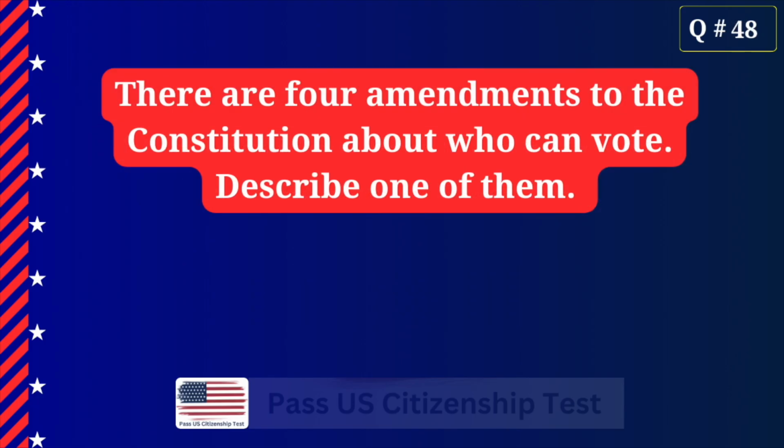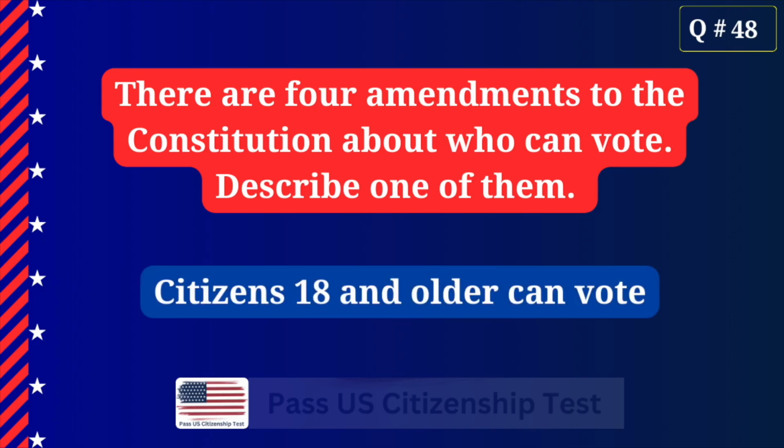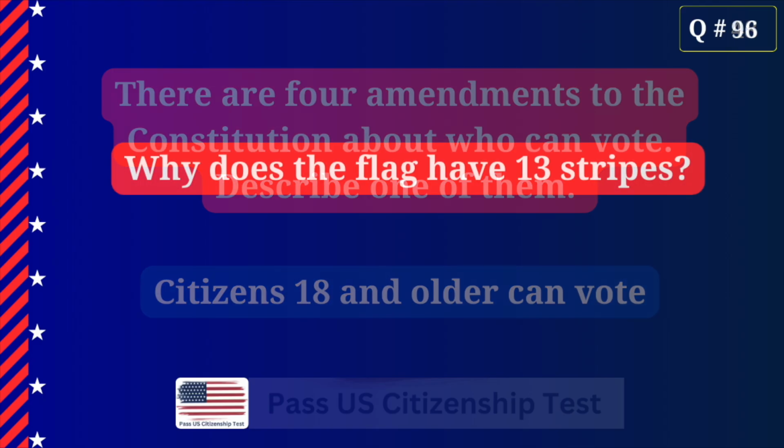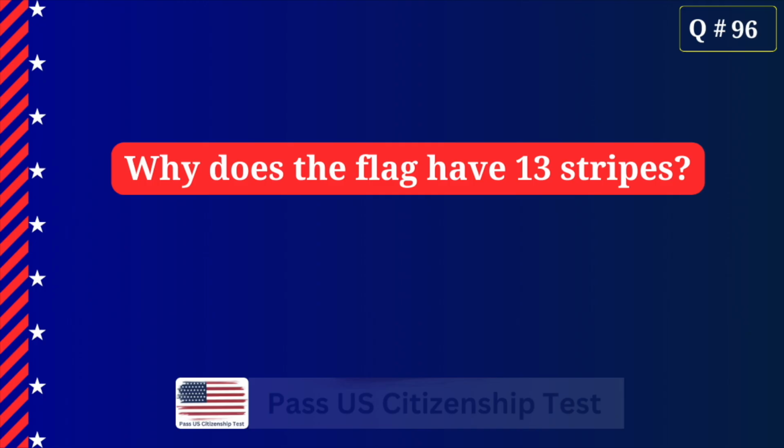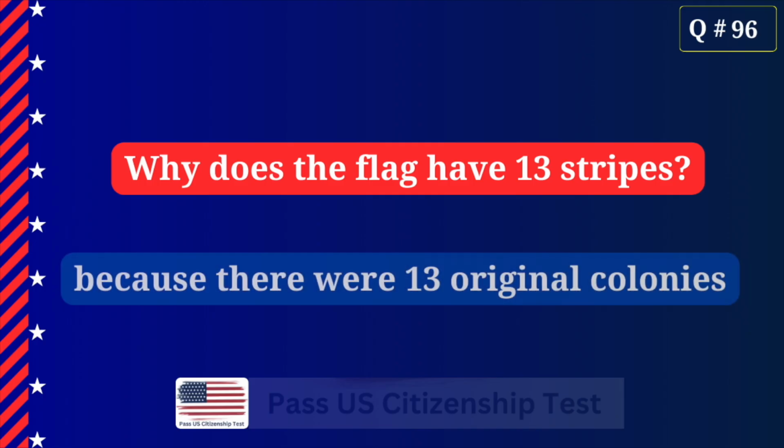There are 4 amendments to the Constitution about who can vote. Describe one of them. Citizens 18 and older can vote. Why does the flag have 13 stripes? Because there were 13 original colonies.